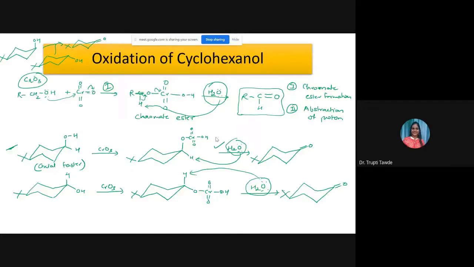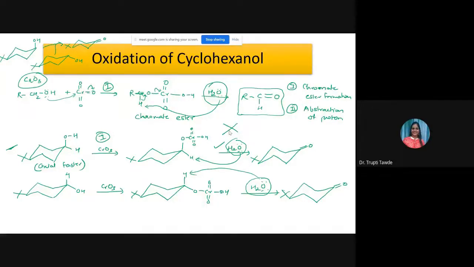When the proton is removed from the axial location and from the equatorial location, for these types of reactions the rate was found to be almost the same. Therefore later on they focused on step number 1. So this is not the deciding factor. Initially it was considered the deciding factor, but later they focused on step number 1.